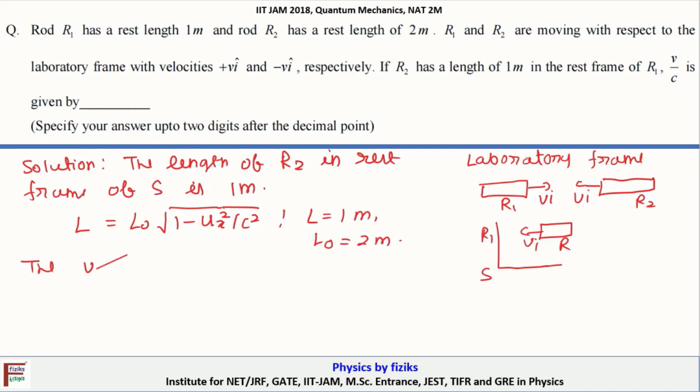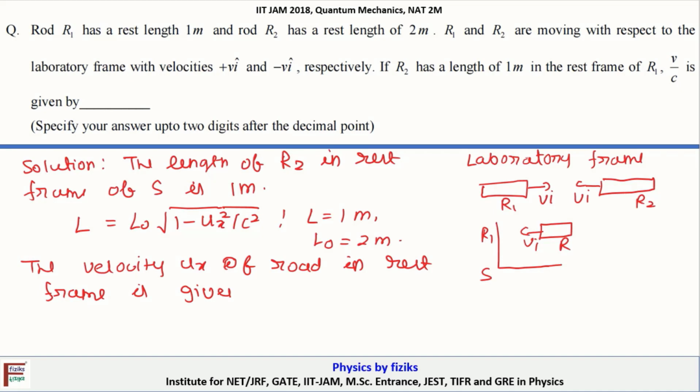The velocity ux of rod in rest frame is given by ux is equals to ux dash plus v divided by 1 plus ux dash v by c square.